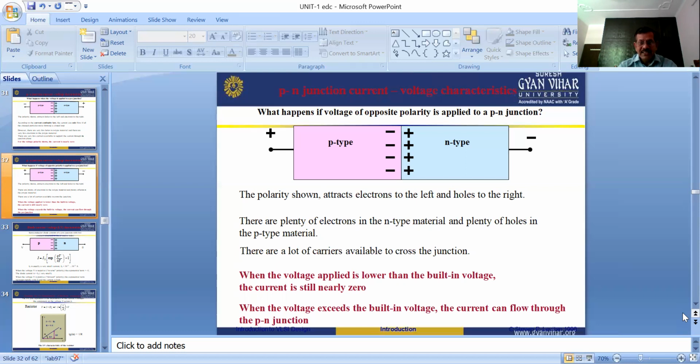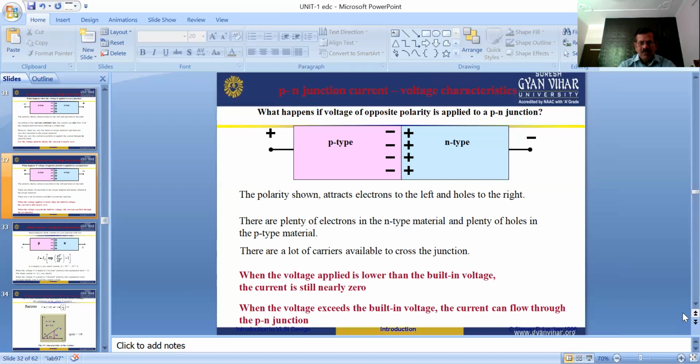When the voltage exceeds the built-in voltage, current can flow through the PN junction. This is the condition for the applied voltage: it should be greater than the built-in voltage. If the applied voltage is greater, then the current can flow through the PN junction.